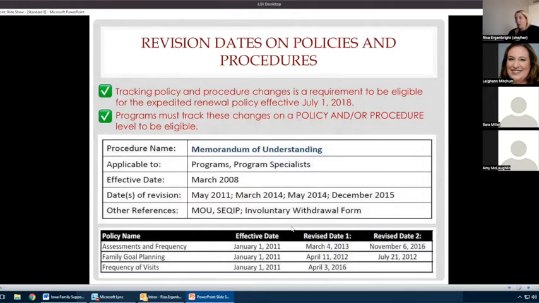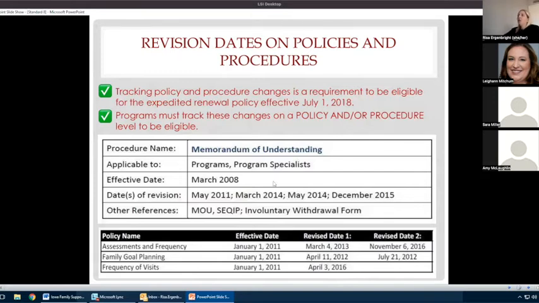So if it's not currently in place, get it in place. Otherwise you won't be able to participate in that. And when you're applying for renewal, we want to see what system you've got in place. So you'll need to be able to show what you're doing so that we can say that that's being done.